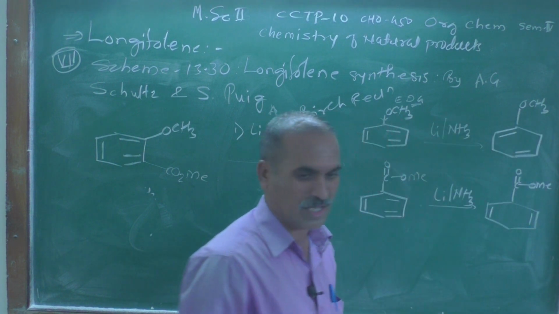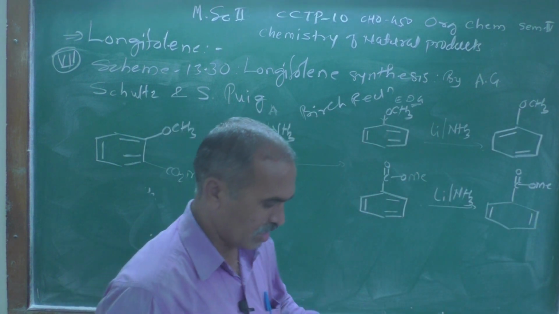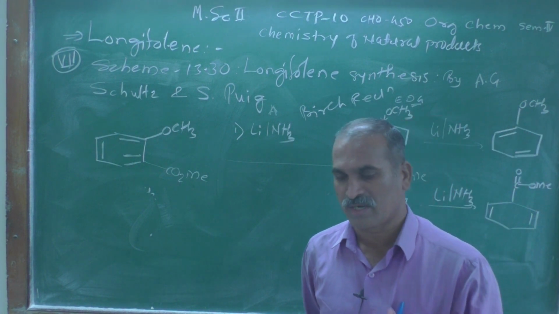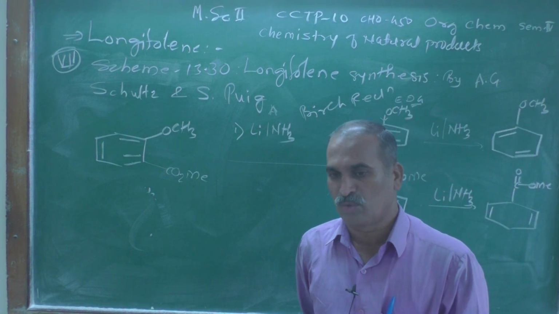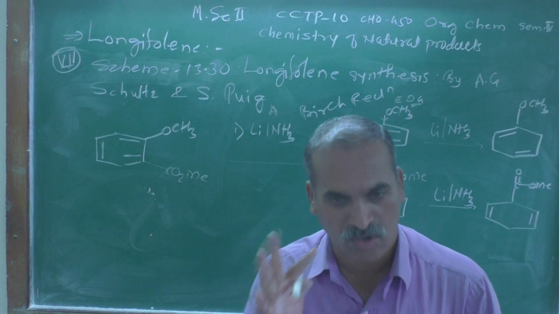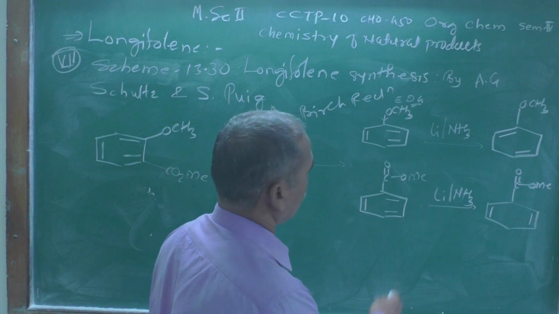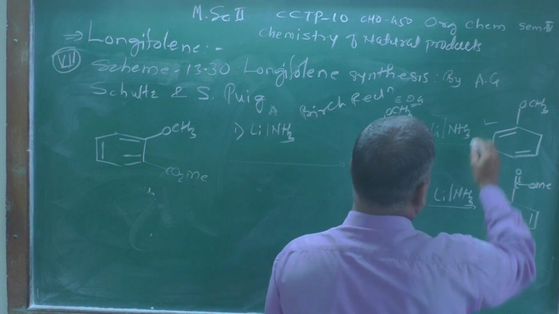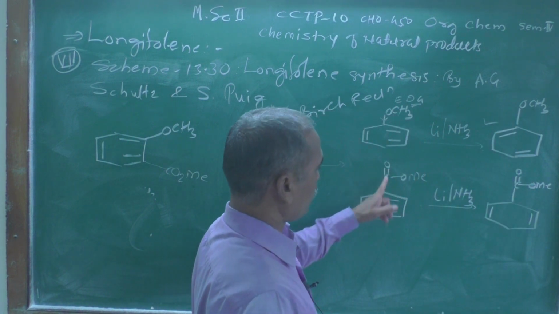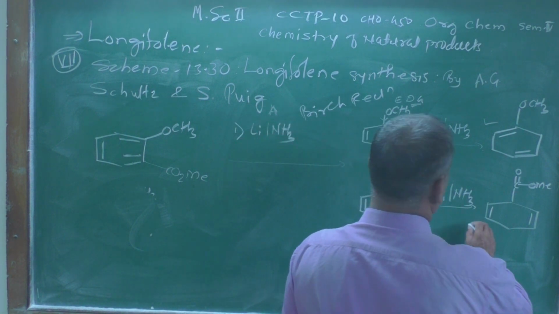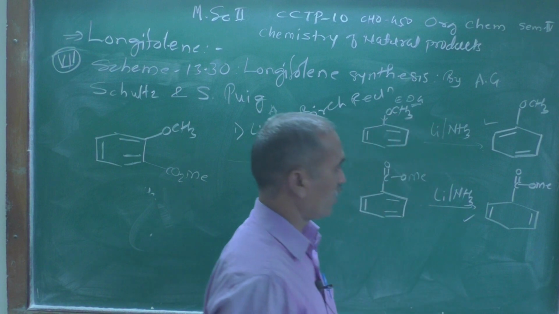Remember these two examples, because on an aromatic ring there are two kinds of groups present, either electron donating or electron withdrawing. If electron donating groups are present, then we will get this type of partial reduction. If an electron withdrawing group is present on the aromatic compound, it always gives the product like this.